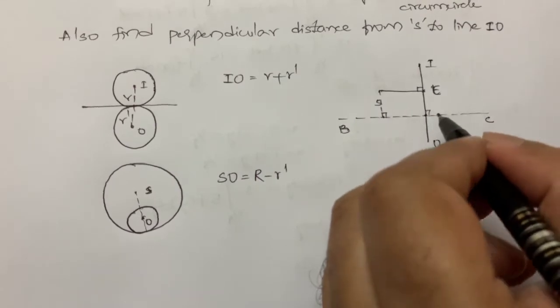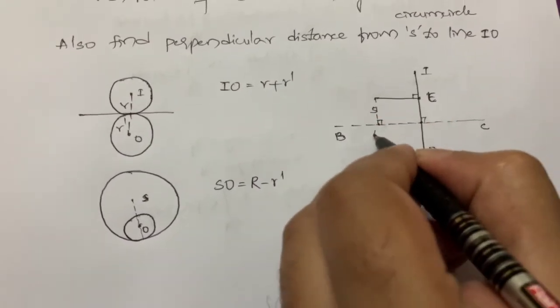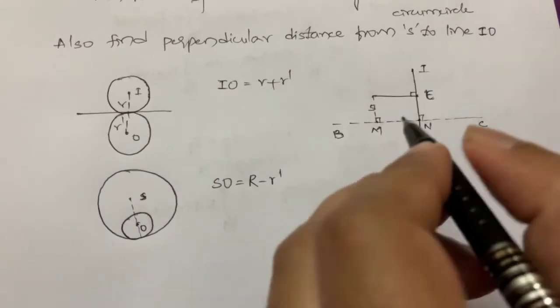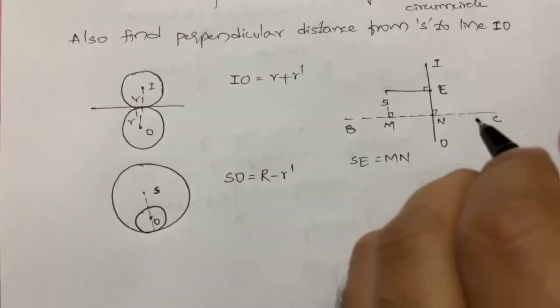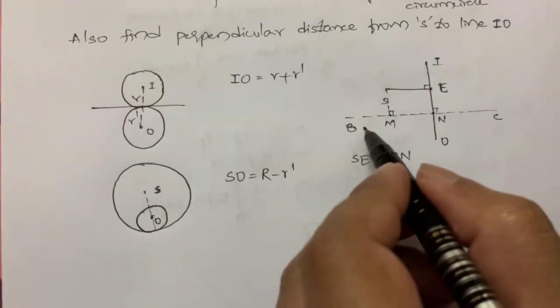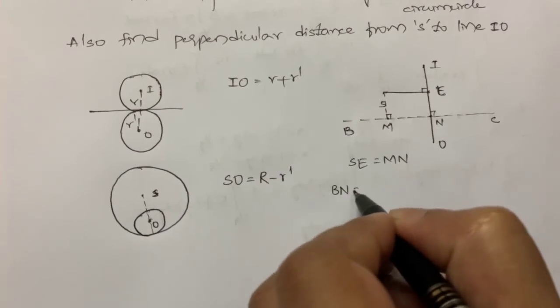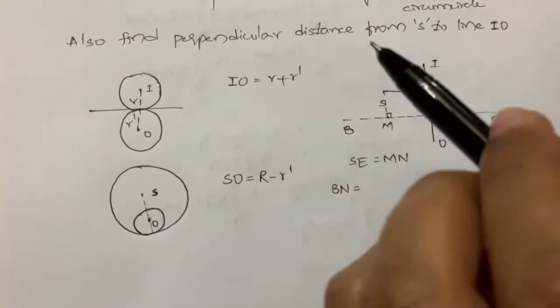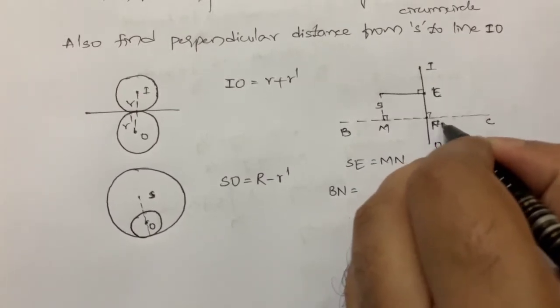So this is perpendicular. SE is mathematically equal to MN, if I call this MN. So SE is equal to MN. BN we can find, I mean not N, F, this is F, BF, MF.